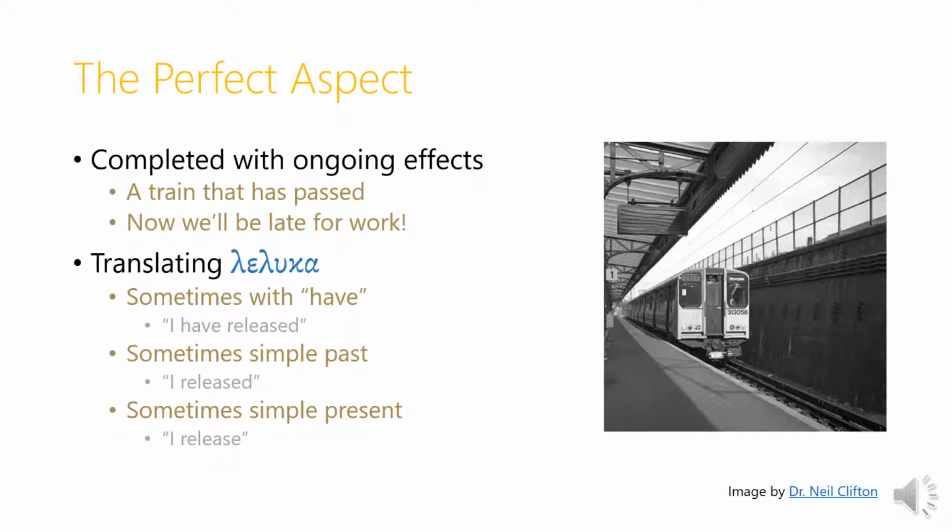By the same token, sometimes the emphasis falls not on the fact that the action is over and done with, but on the ongoing implications, the ongoing effects of the action. And in those cases, we can use the simple present to translate the perfect tense. And so instead of I have released or I released, we can just say I release.